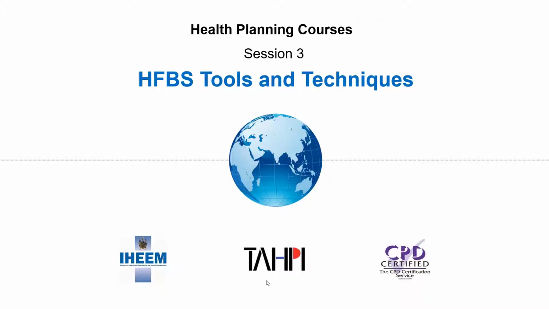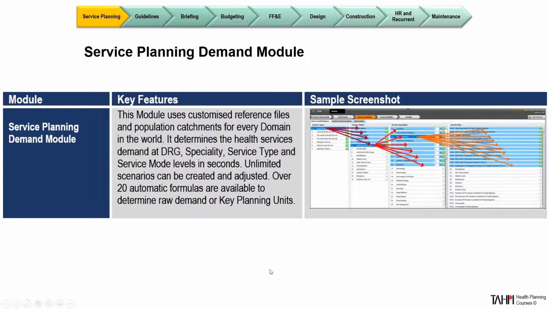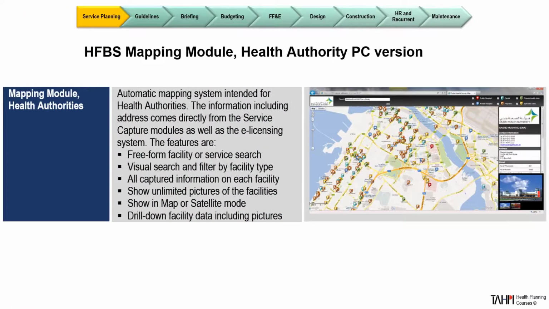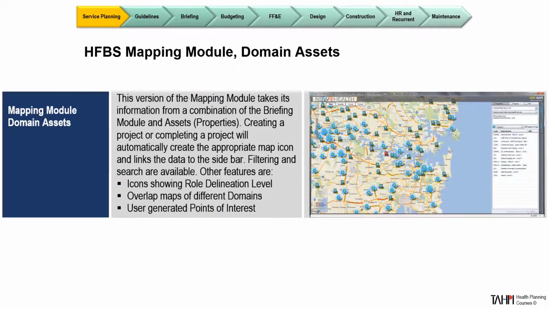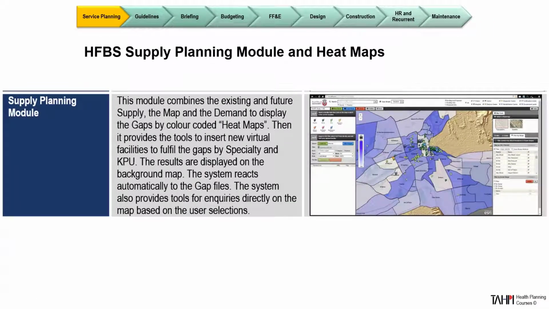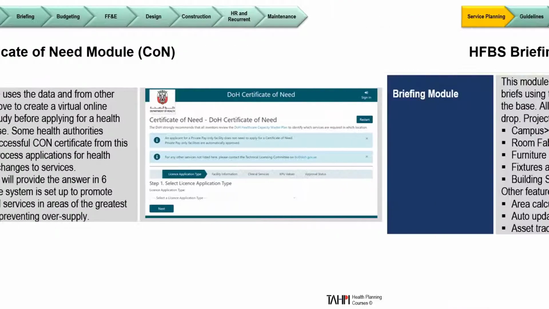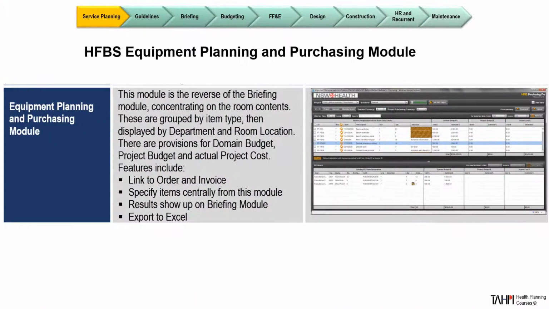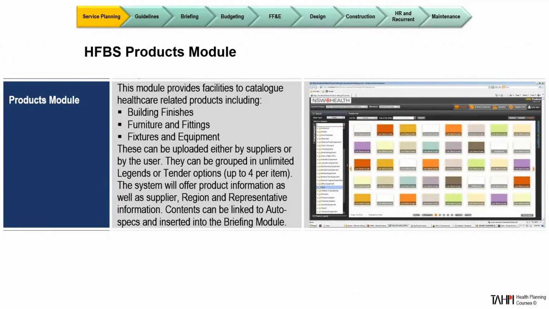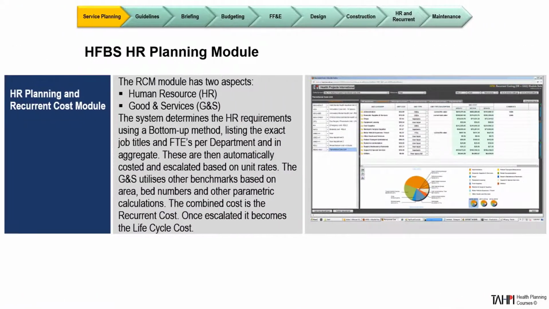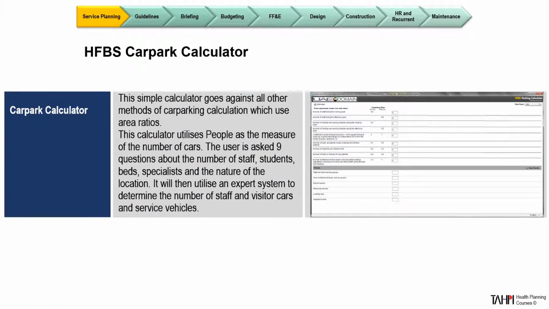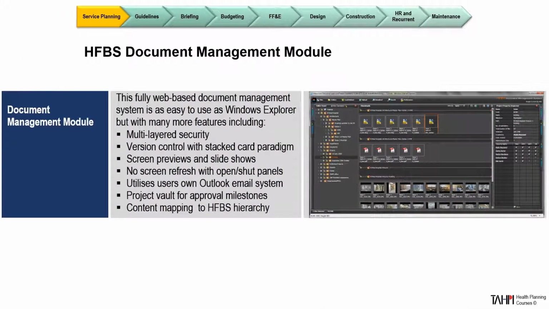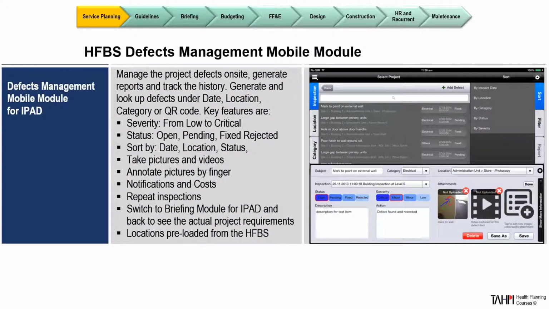Session 3 includes HFPS tools and techniques. These include software for service planning demand module, service planning supply capture module, mapping module for health authorities, mapping module for health domain assets, supply planning module and heat maps, certificate of need or CON, briefing module, auto specs module, printing and download module, equipment planning and purchasing module, products module, budgeting module, HR planning and recurrent cost module, car parking calculator, project program calculator, Revit family market, document management module, and finally defects management mobile module for iPad.